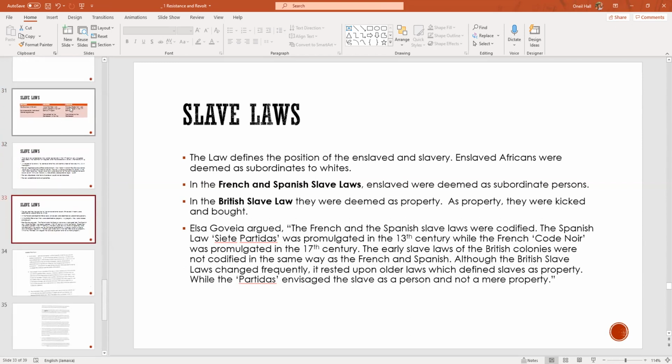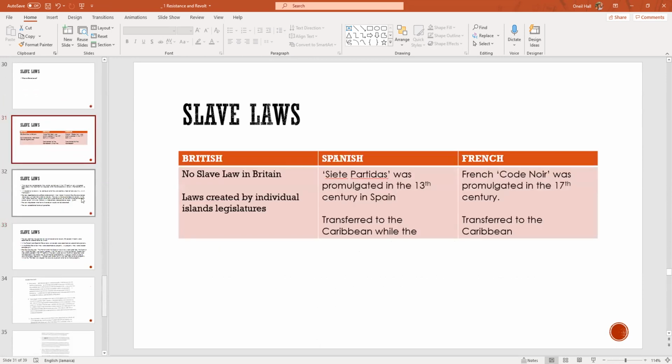If we look at the different slave laws and how they were created, promulgated, meaning how they were created: in Britain, they had no slave laws, and therefore the individual legislators passed the laws.